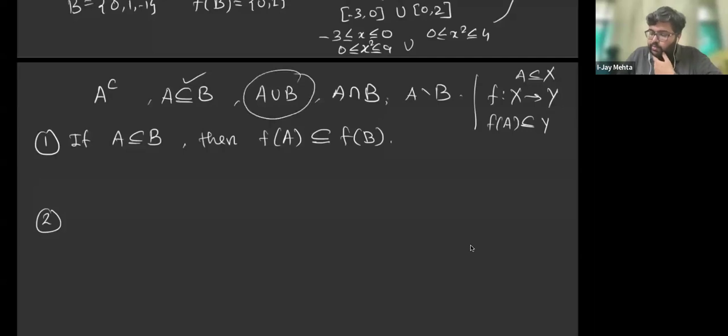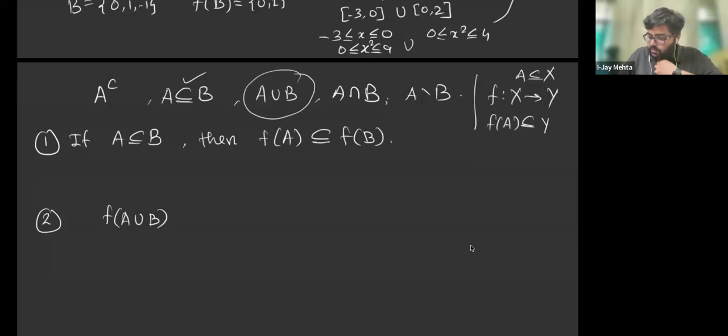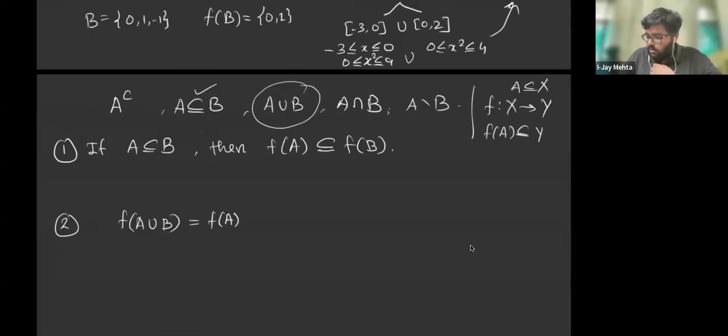Now we are just considering union. So what he says is that F of A union F of B is a subset of F of B. Subset or equal? Sorry, equal. Maybe we can check. We have to check this, right?